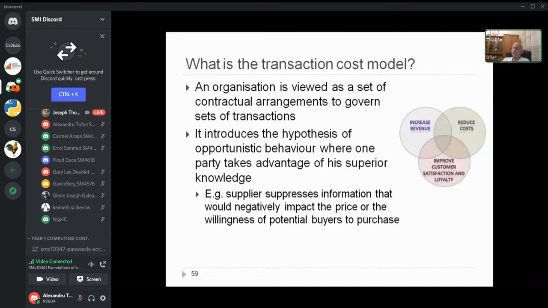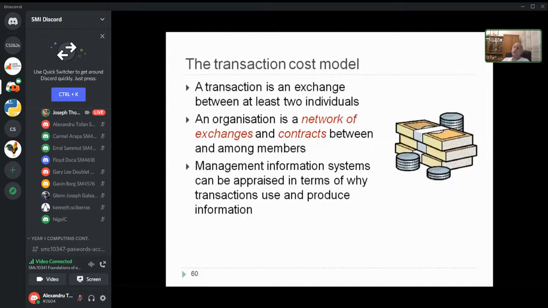I forgot who the artist was. But the guy who bought it from him recognized it and realized that it was a masterpiece. Perhaps it wasn't ethical, buying it for peanuts and then selling it for millions, but he used his superior knowledge to gain an advantage. That is opportunistic behavior. So with the transaction cost model, we try to reduce that opportunistic behavior as much as possible.